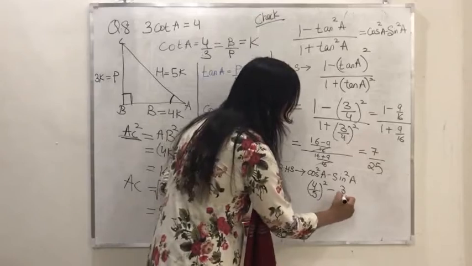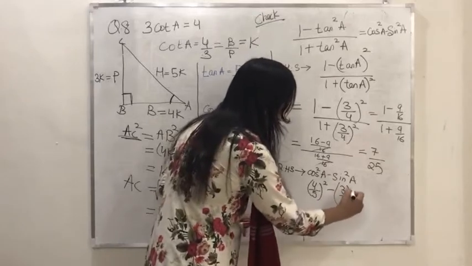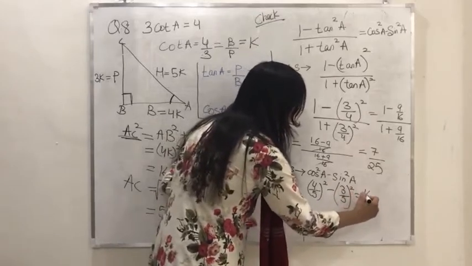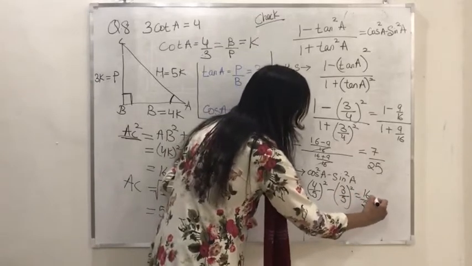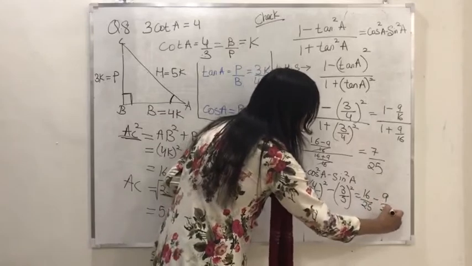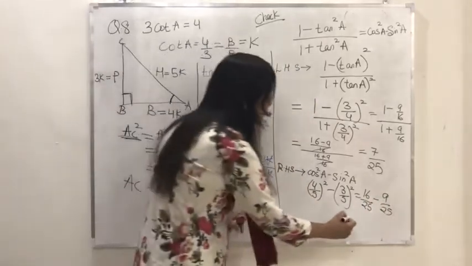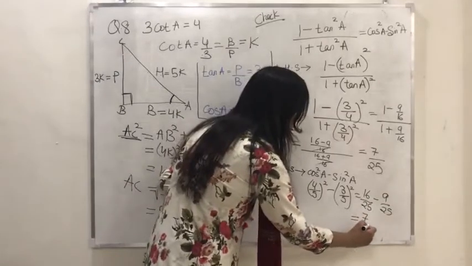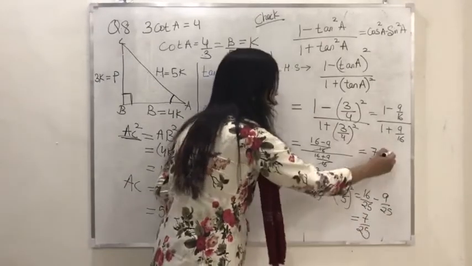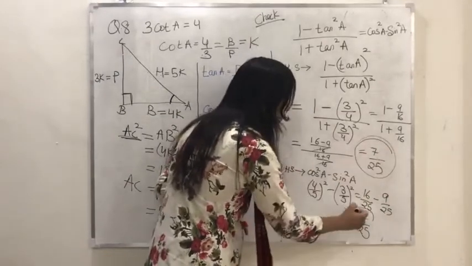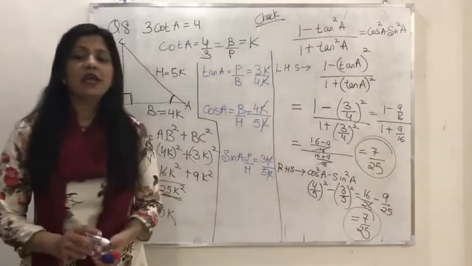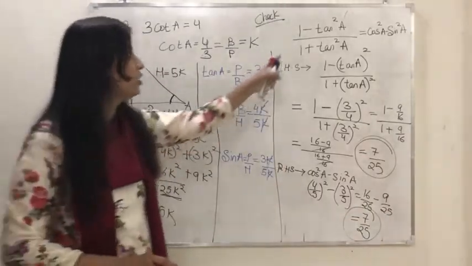So it will be 3 upon 5 whole square. So it will be 16 upon 25 minus 9 upon 25. So what is 16 minus 9? It is 7. So this means my LHS is same as my RHS. So the given equation is correct.